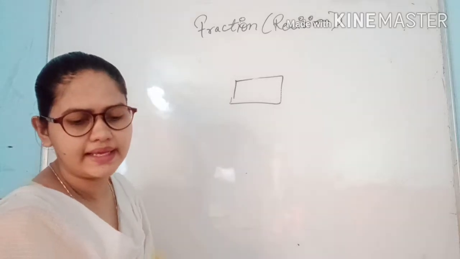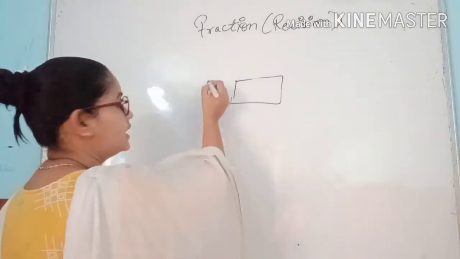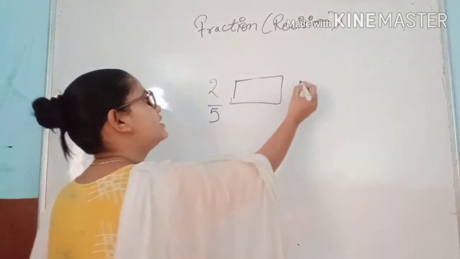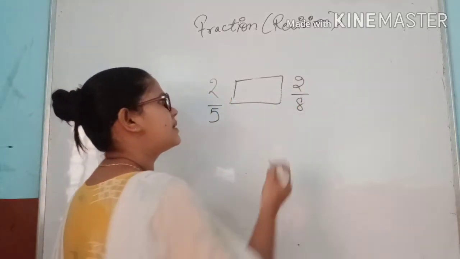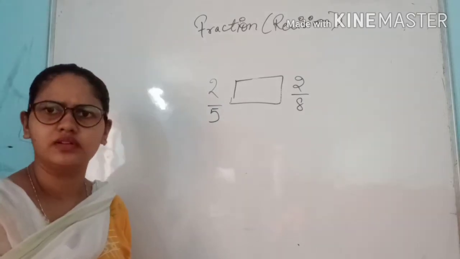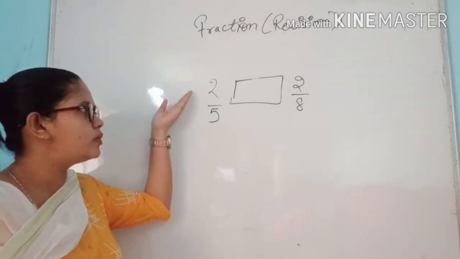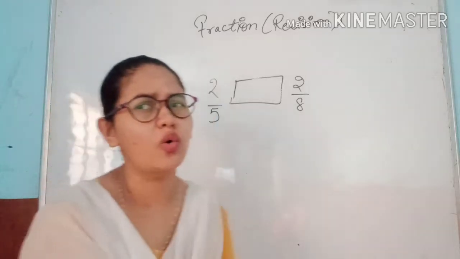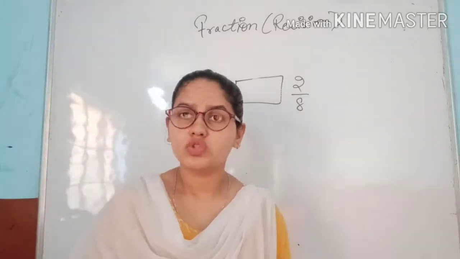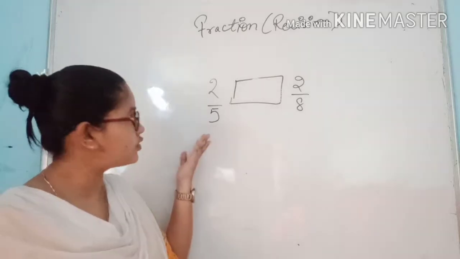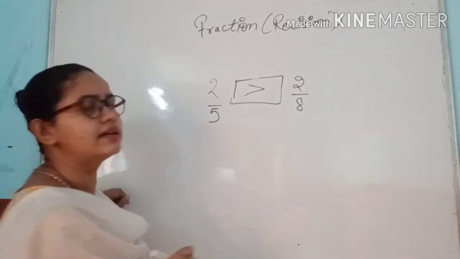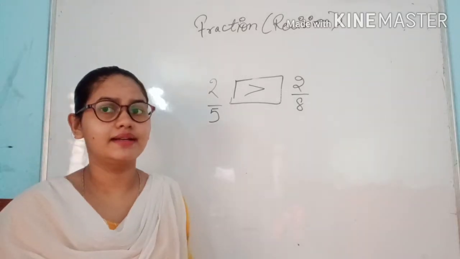Here is 2 by 5 and here is 2 by 8. You can see which one is more fulfilled, because here is 5 and 2 boxes are fulfilled from 5, and here is 8 boxes and only 2 boxes are fulfilled. So which one is greater? This one. In fractions we will take 2 by 5 as greater, not 2 by 8.